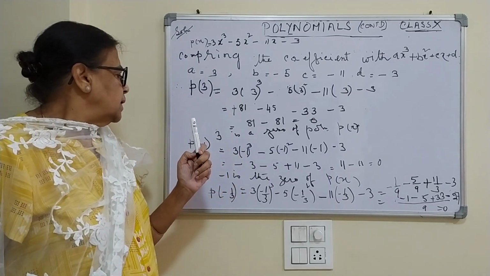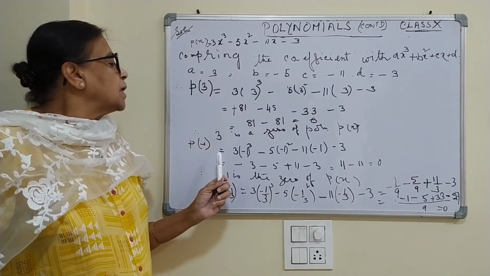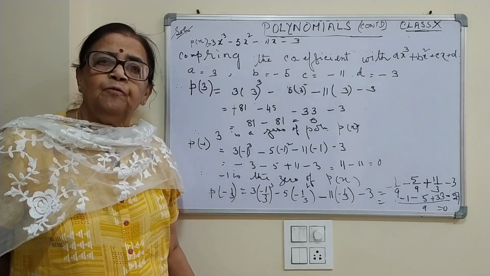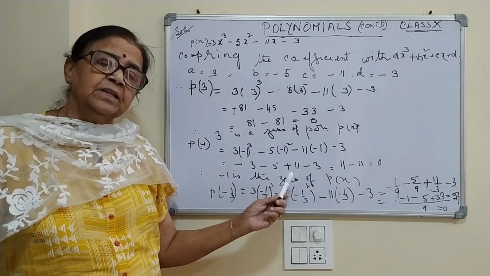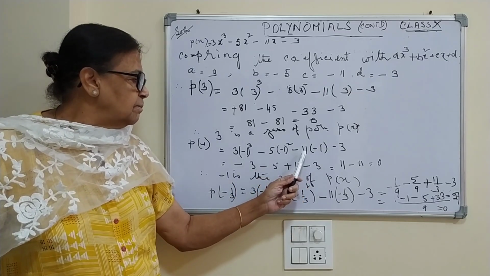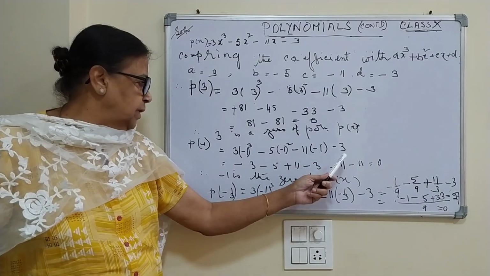Now, P of minus 1 is 3 into minus 1 whole cube minus 5 into minus 1 whole square minus 11 into minus 1 minus 3.